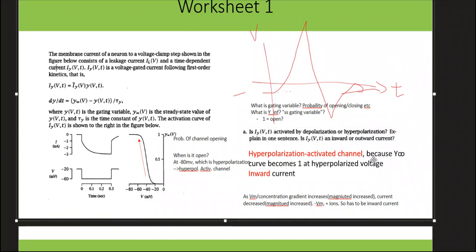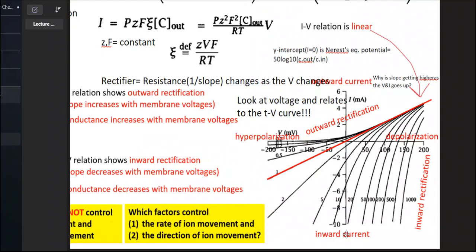And how do we know whether this is an inward current or an outward current? Just as a convention in electrophysiology, the ion coming into the cell is negative, as you can see here, inward current, and outward current is positive.